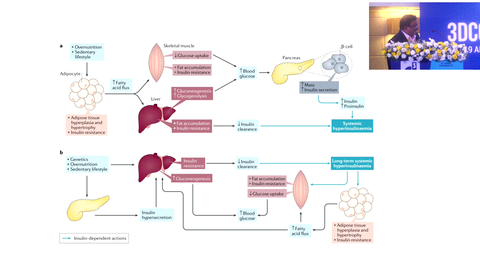What does this picture say? There is overnutrition and a sedentary lifestyle, which again adds to the complex physiology. This picture will come again at the end of the session, which shows the molecules targeted, starting from skeletal muscle and liver.